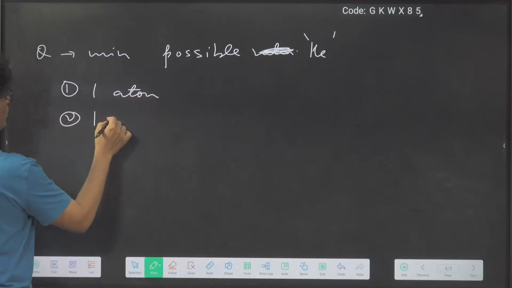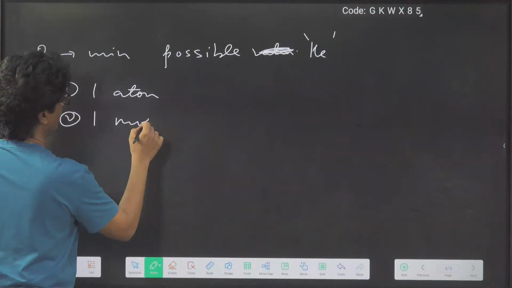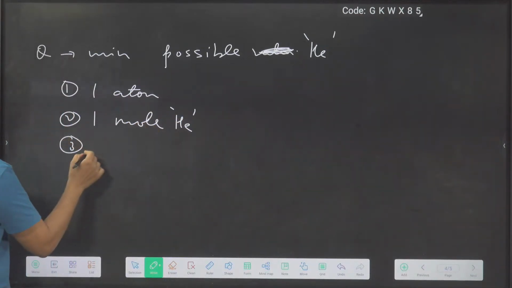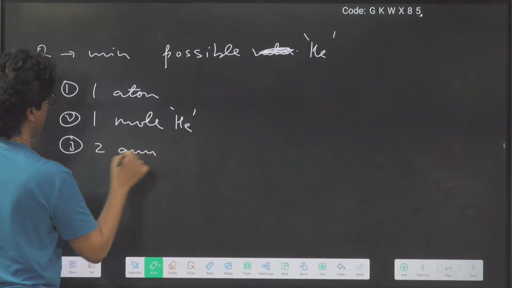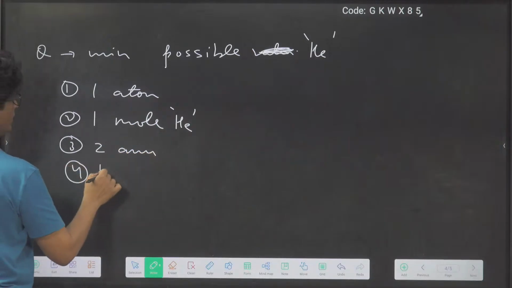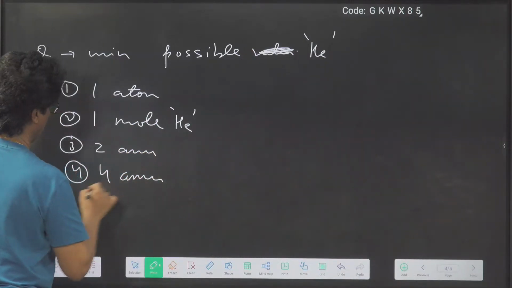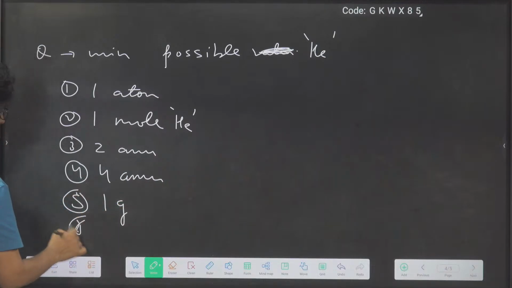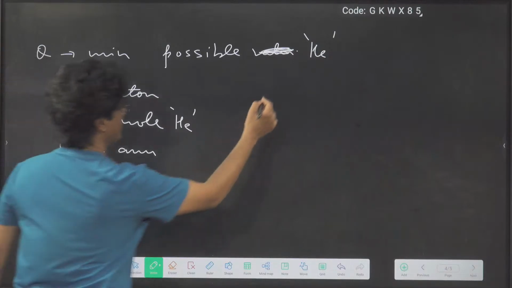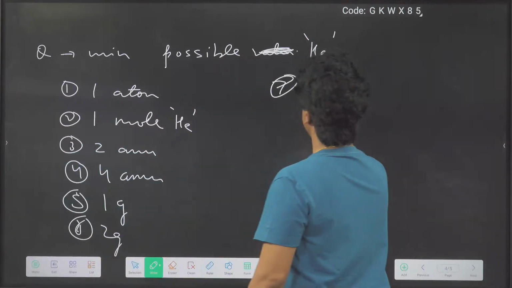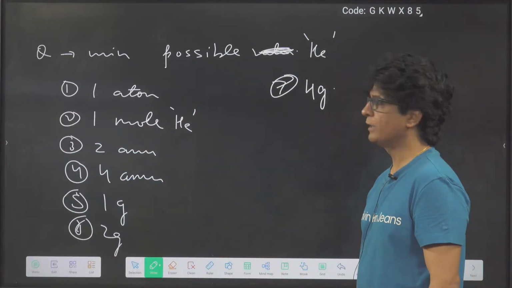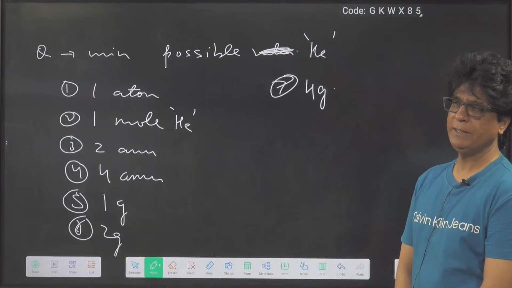Second is 1 mole of helium. Third one is 2 AMU. Fourth one is 4 AMU. Fifth one is 1 gram. Sixth one is 2 gram, and seventh one is 4 gram. What do you think is the correct answer? It's a simple one, right?